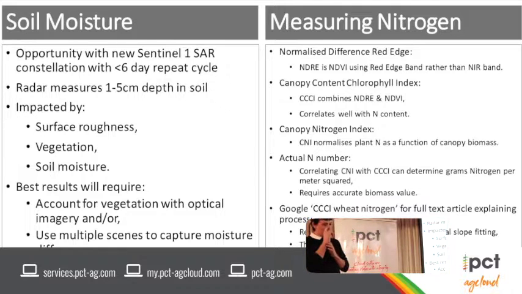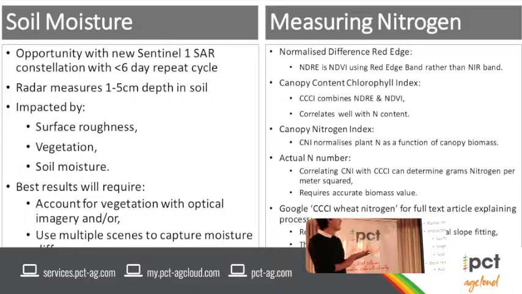And you can't just measure soil moisture as its raw data source. The scattering of the radar is influenced by the roughness of the surface, and influenced by the vegetation on the surface, and it's also influenced by the moisture. So we have to be able to account for these two things to be able to measure this one.